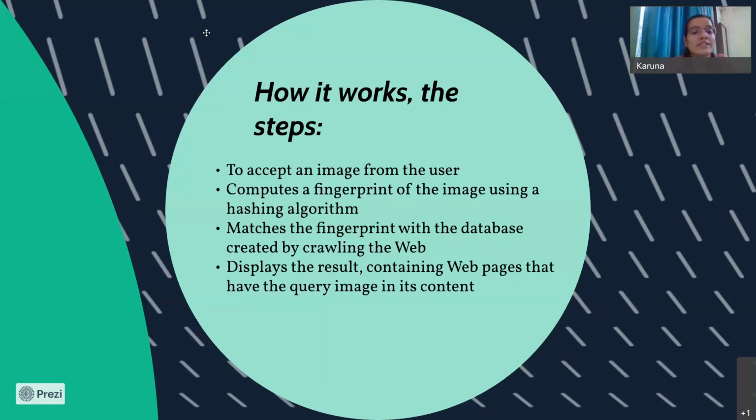And at the end, we will display all the web pages that contain the image we have queried for, specifically from social media platforms. Once we display them, we immediately get into the first link or a second link, whichever is the closest.